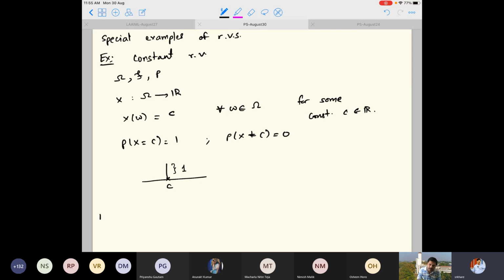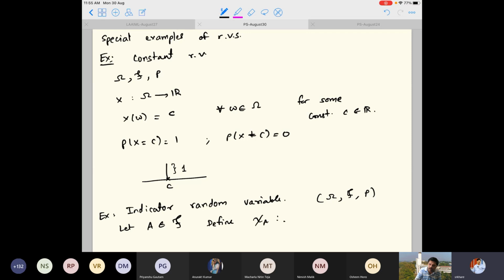Another important special random variable is called the indicator random variable. So let a set A belong to F. You already have omega, F, P, and you consider a set A belonging to F, and you define this particular random variable.